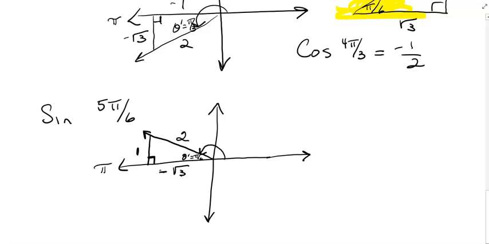Okay. Sine of 5 pi over 6 is going to look like, well, it's opposite over hypotenuse, simply 1/2. Done.